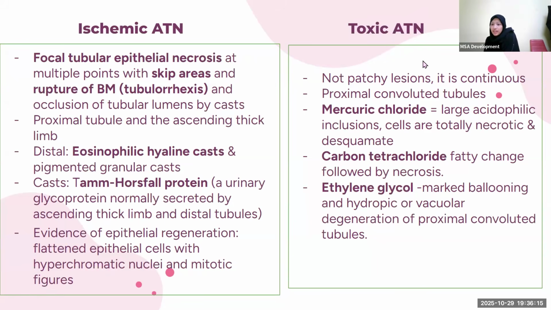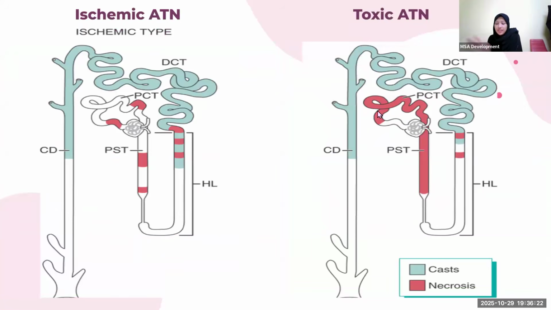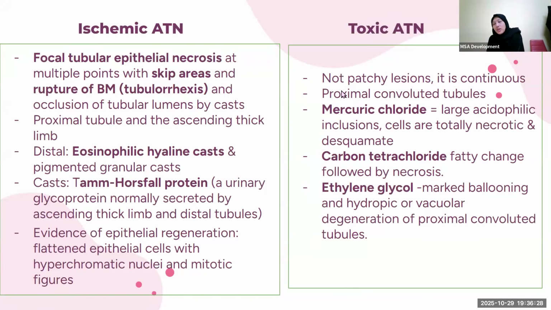Toxic, on the other hand, is continuous damage, including proximal convoluted tubule. Again, everything is damaged. Here, they don't need as much oxygen as in ischemia. That's why it's not damaged. Some examples of toxic. Unfortunately, you have to memorize this because there was no other way when I was also studying for this to differentiate.